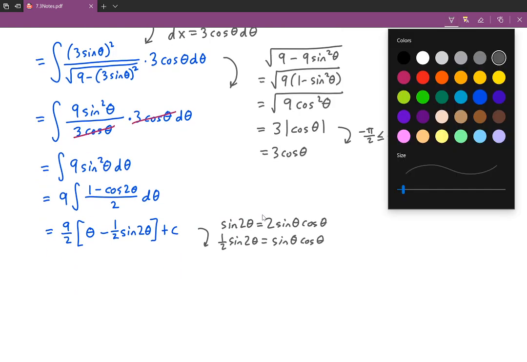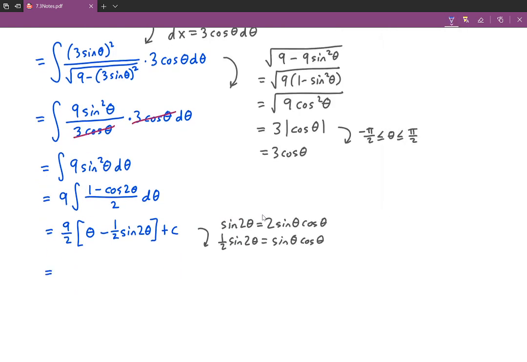All right. So now we've got 9/2 theta minus sine theta cosine theta plus c.